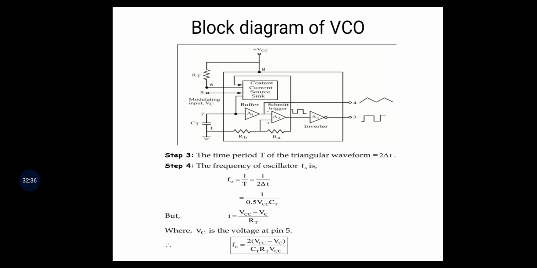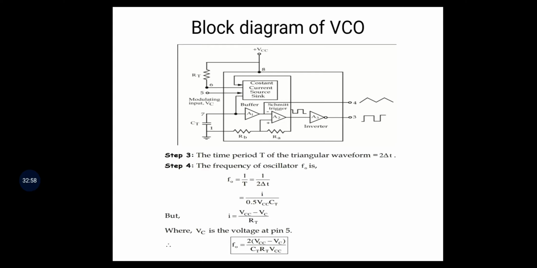Here I equals VCC minus VC by RT, where VC is the voltage at pin 5.